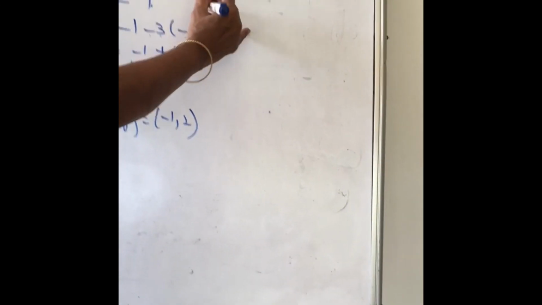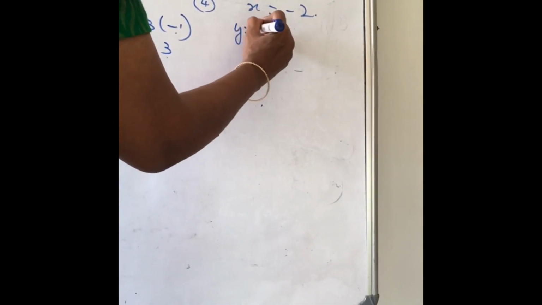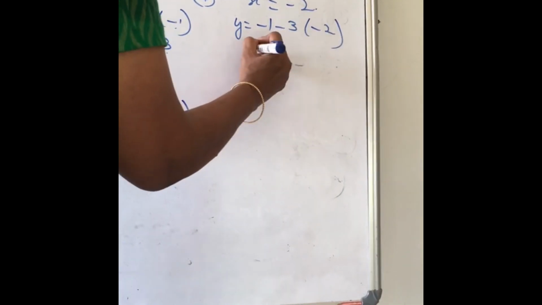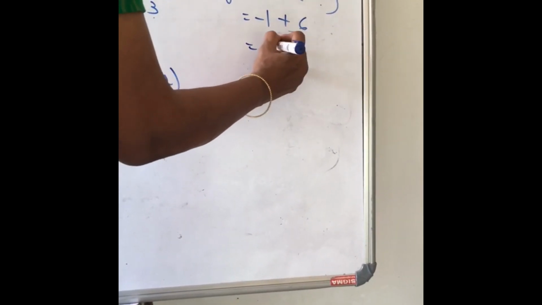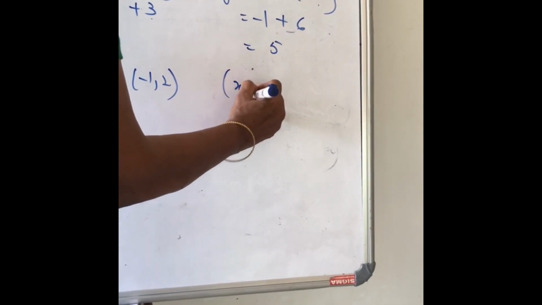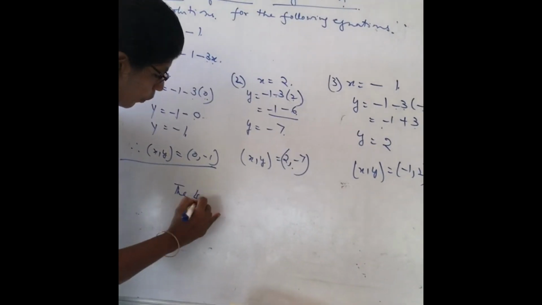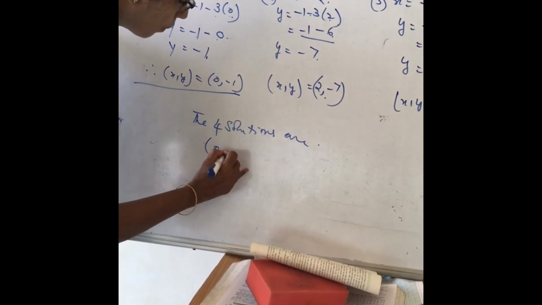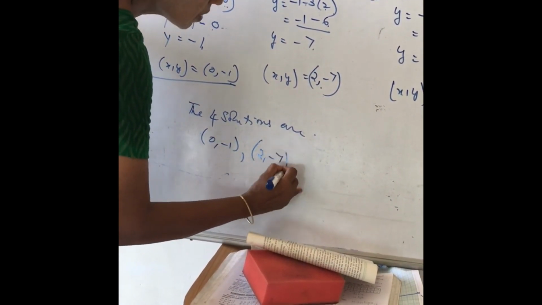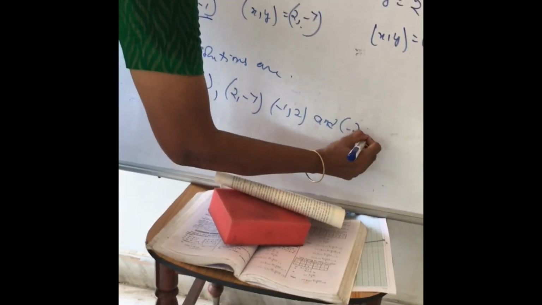And the fourth one, children, x is equal to minus 2. y is equal to minus 3 into minus 2. Minus into minus is plus, 3 2s are 6. 6 minus 1, 5. Therefore, x comma y is equal to minus 2 comma 5. How many solutions are you asked? 4 solutions. The four solutions are 0 comma minus 1, 2 comma minus 7, minus 1 comma 2 and minus 2 comma 5.